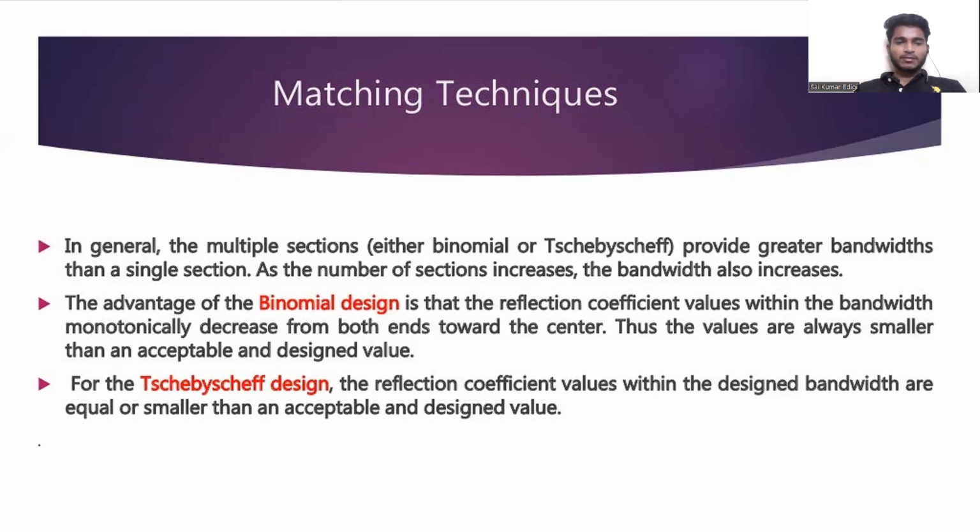The advantage of the binomial design is that the reflection coefficient values within the bandwidth monotonically decrease from both ends towards the center. Thus, the values are always smaller than an acceptable and designed value. For the Chebyshev design, the reflection coefficient values within the designed bandwidth are equal to or smaller than an acceptable and designed value.